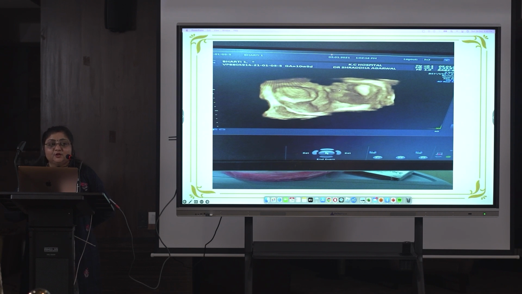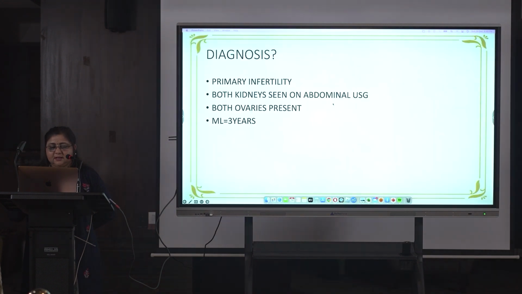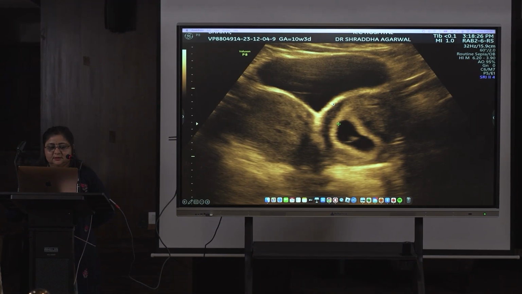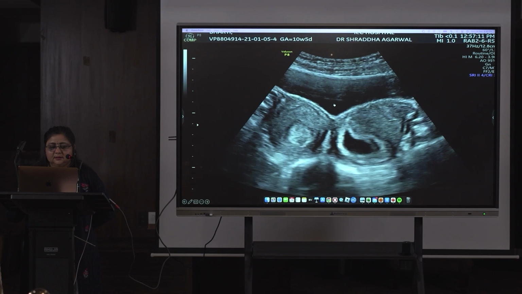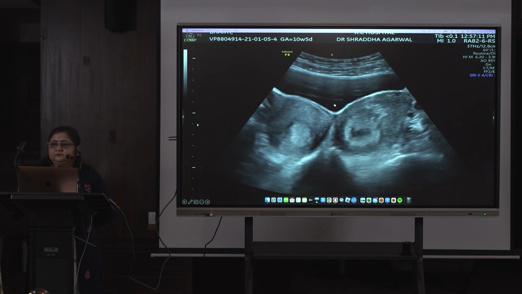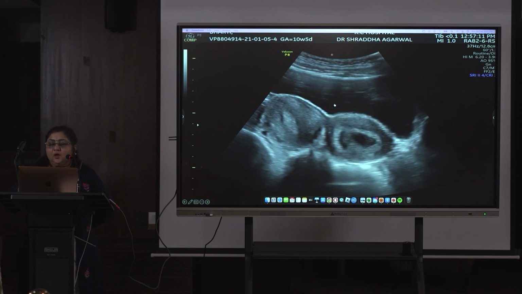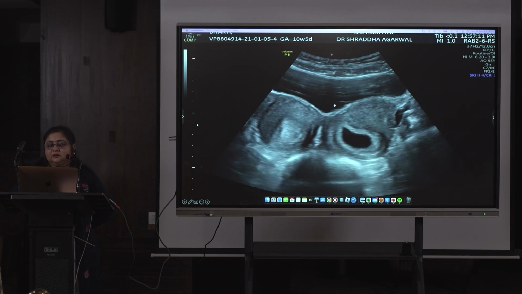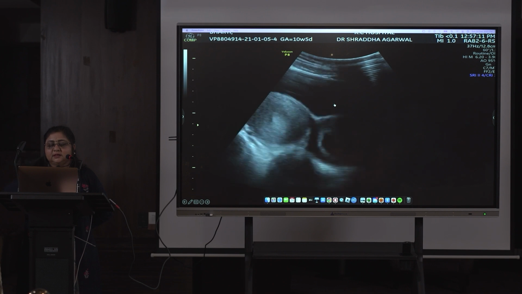These were actually two different uteri she was having. It was a uterus didelphys. Any doubt? On this ultrasound, you can make out the cervix.